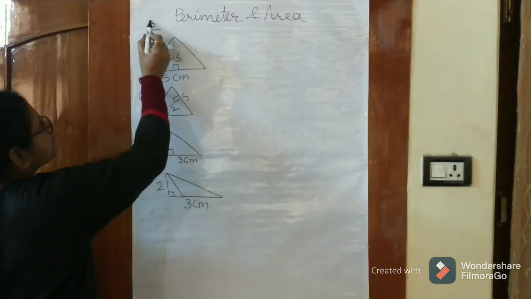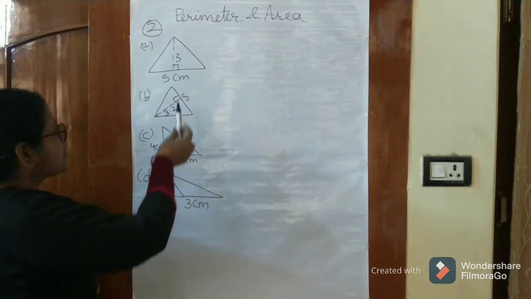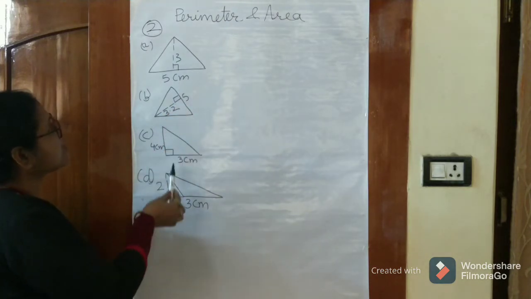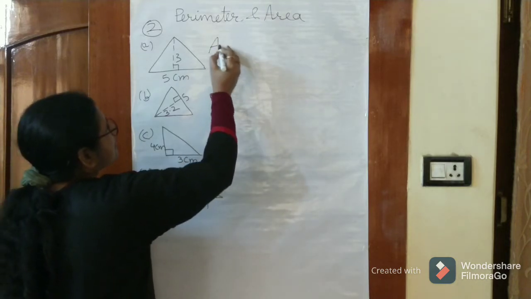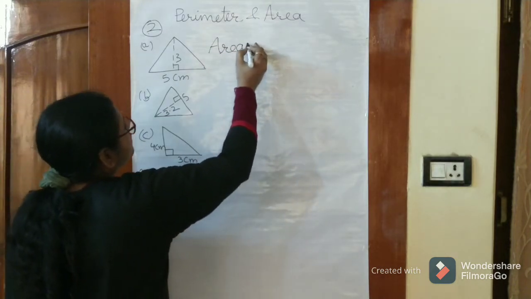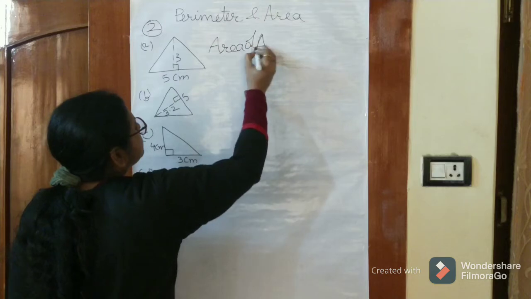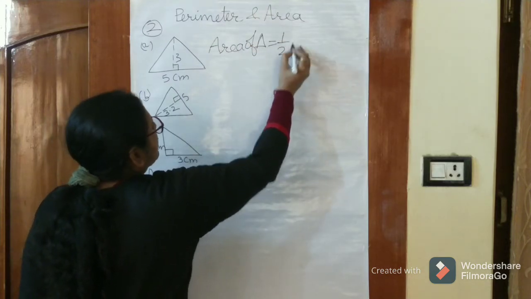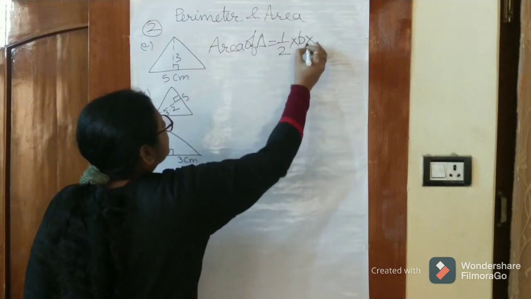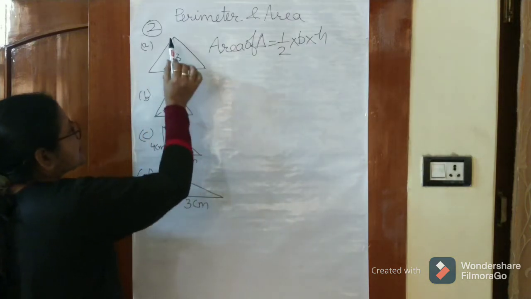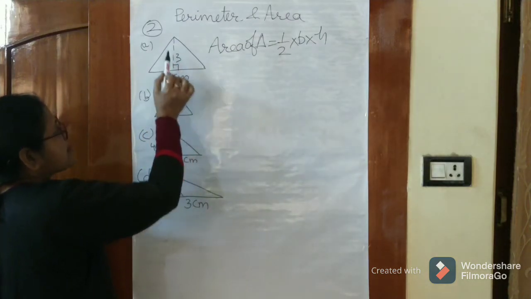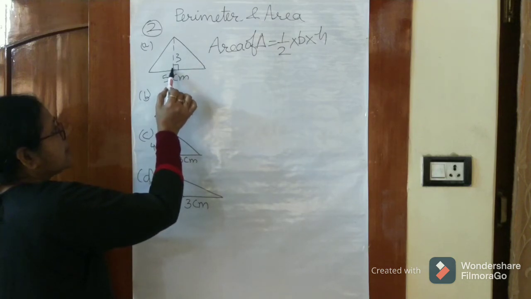Question 2. In this question, you have to find the area of the triangle. The formula for the area of a triangle is half base into height. This is the base and this is the height, meaning 5 cm is the base and 3 cm is the height.